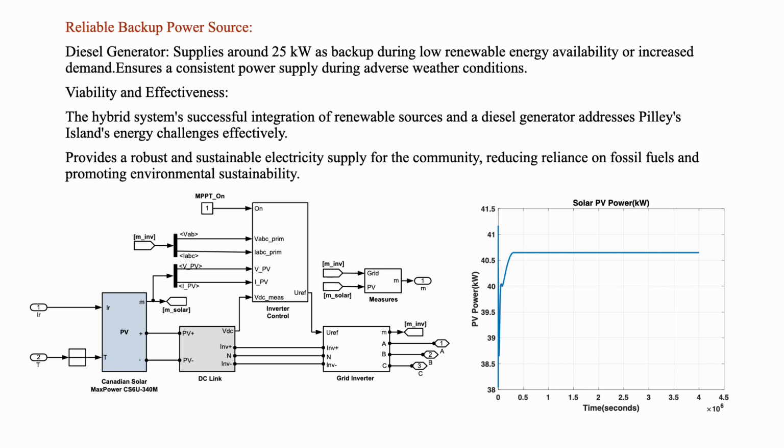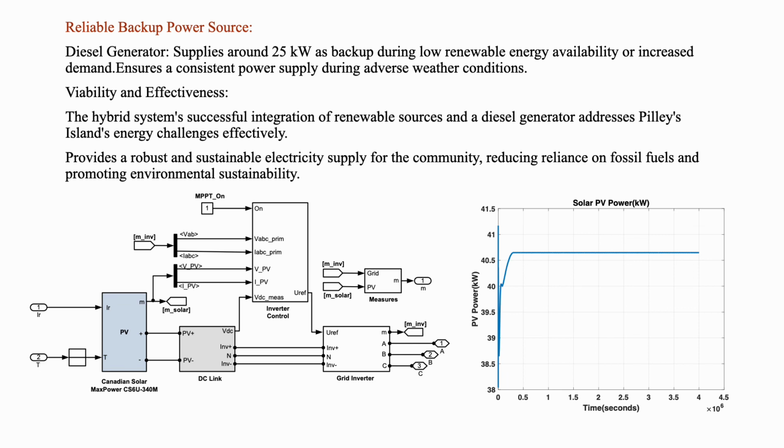So as we can see in this diagram which we made on Visio, we have used the P and O algorithm for MPPT, and solar is connected, and a converter and inverter are also used, which is directly connected to the grid.